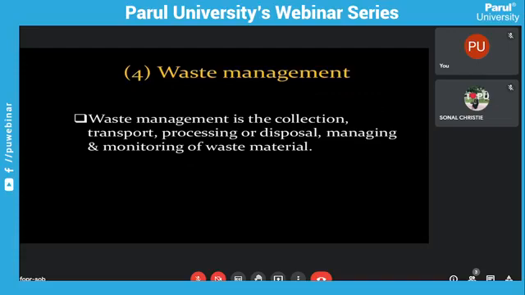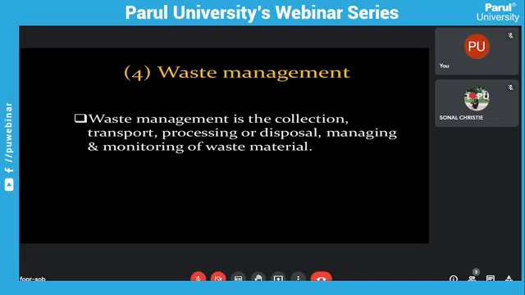Waste management is the collection, transport, processing, or disposal, managing, and monitoring of waste material. Waste management is the collection of waste products from all the departments of the hospital. There are lots of departments in the hospital, and every department has different waste.